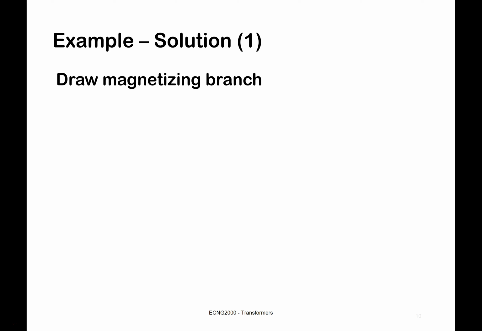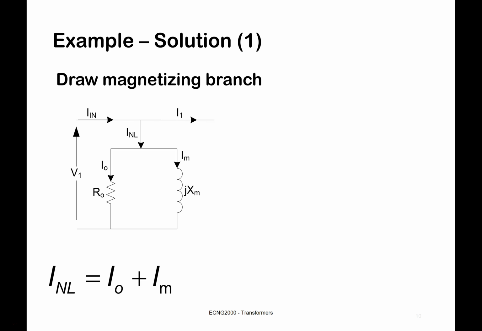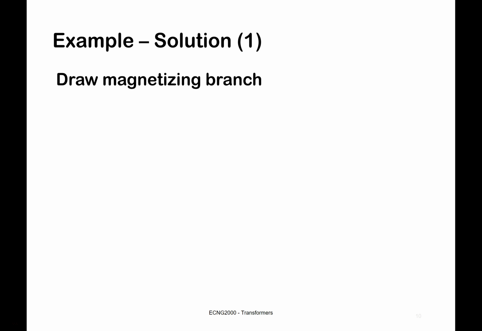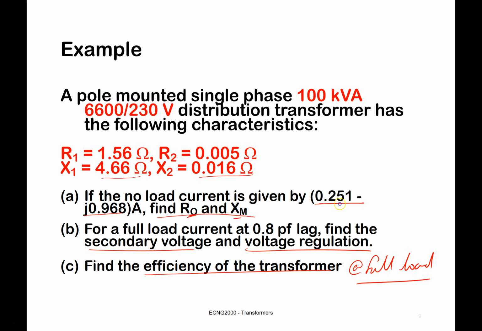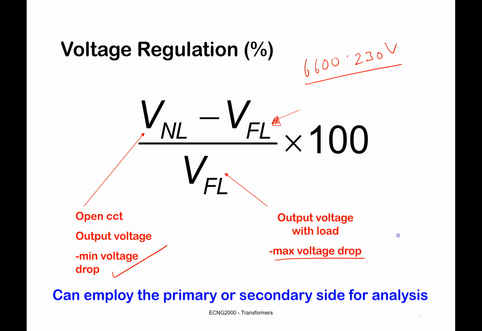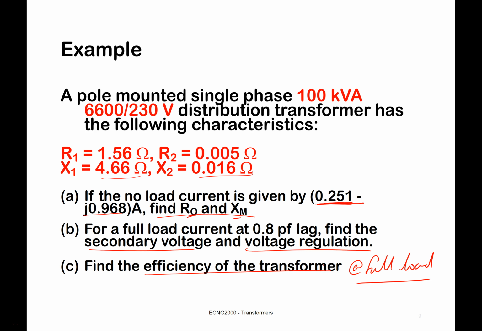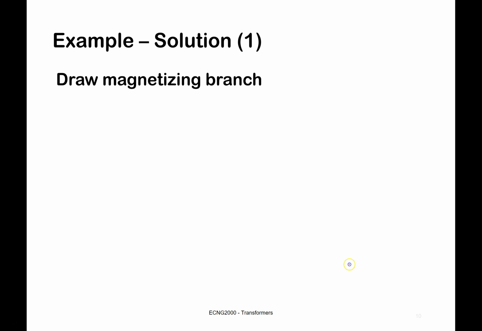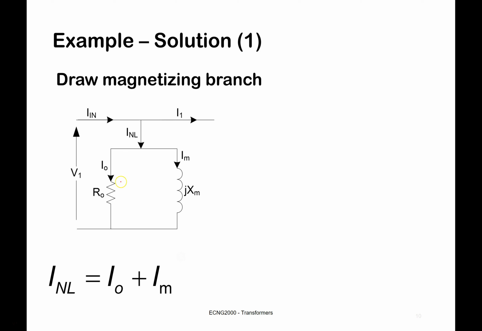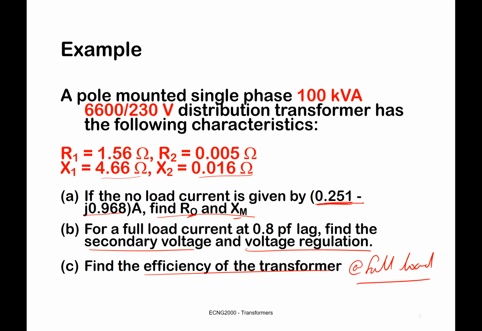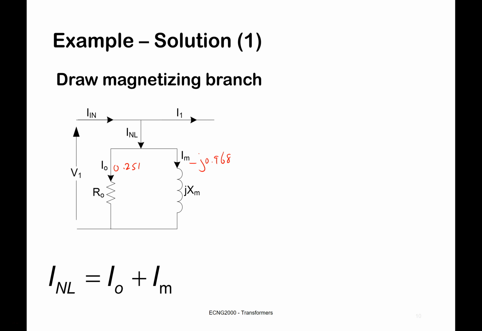So the first thing we're going to do is draw the magnetization branch. So we know the voltage across this is V1, and we know the currents. The currents were 0.251 minus j0.968.